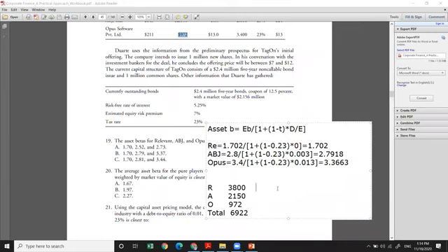Finding the proportions, 3,800 divided by 6,922 would give you 0.54, like 54%. And the same thing we do for ABG, 2,150 divided by 6,922, which is 0.3106.